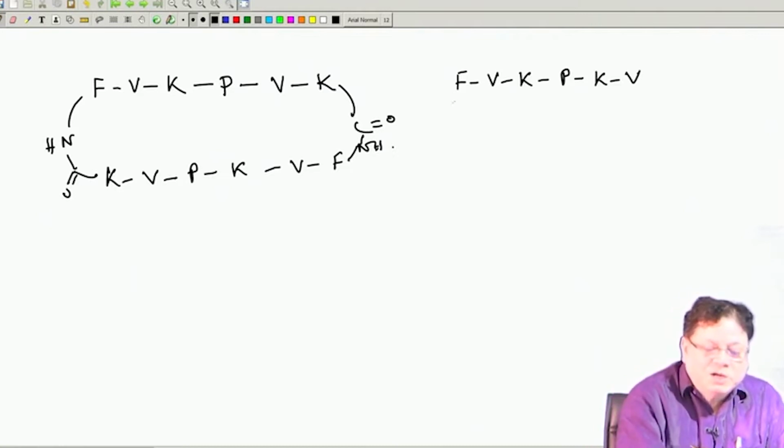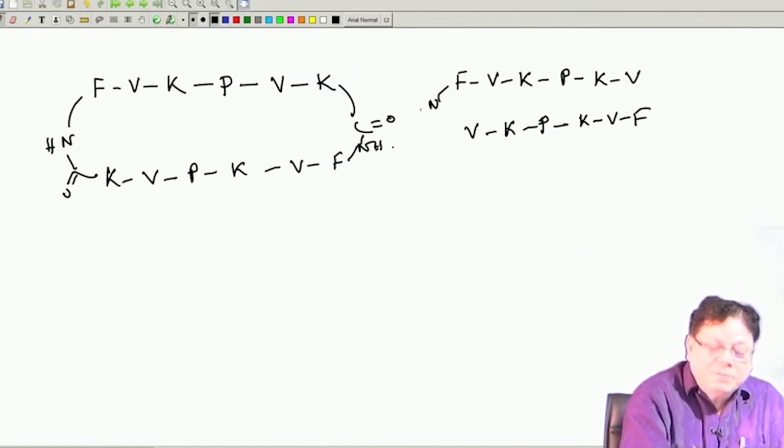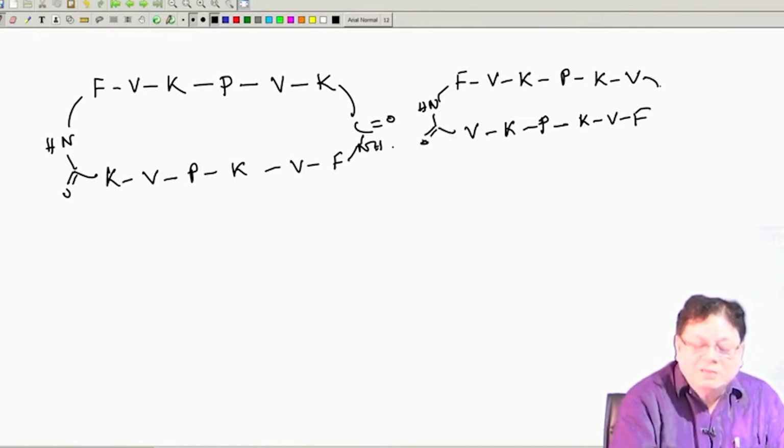The other possible structure comes from this dimerization or cyclic structure. So you write the opposite one, that might be easier to understand. First write from the opposite side V, K, P and then K, V, F. Okay, and then this is your NH, this is your CO, and on this side this is your CO and that is your NH.